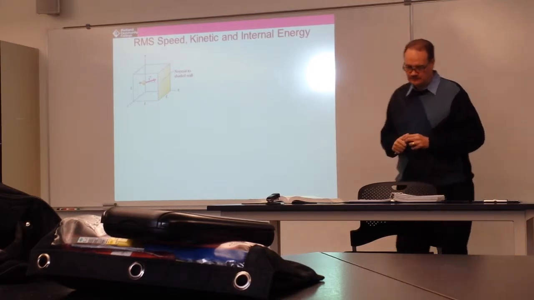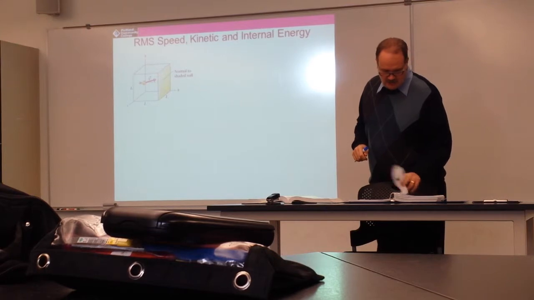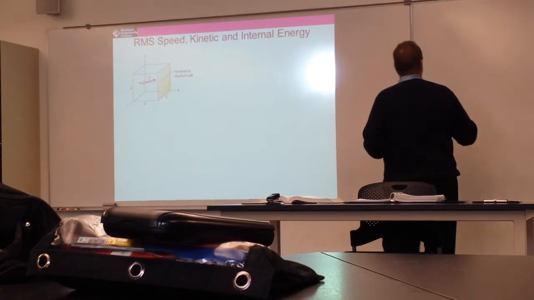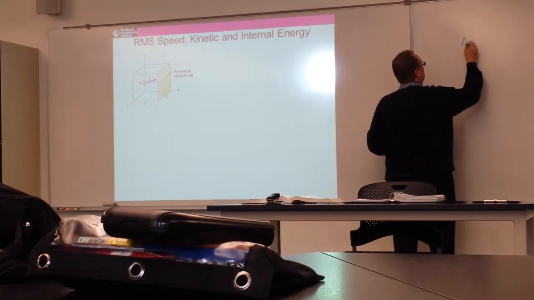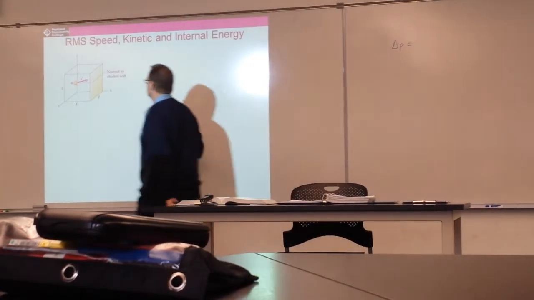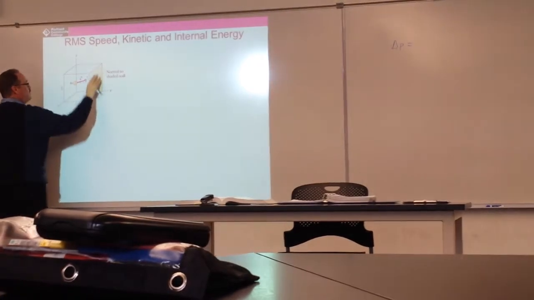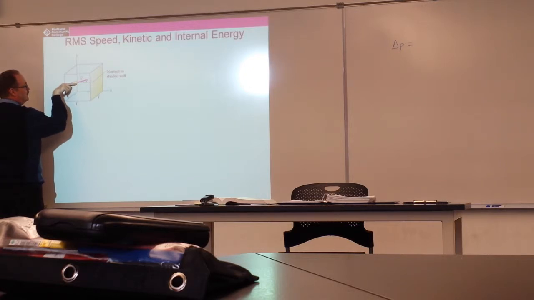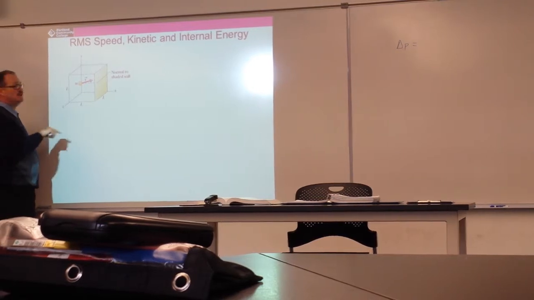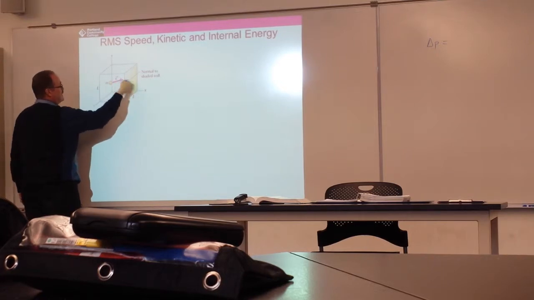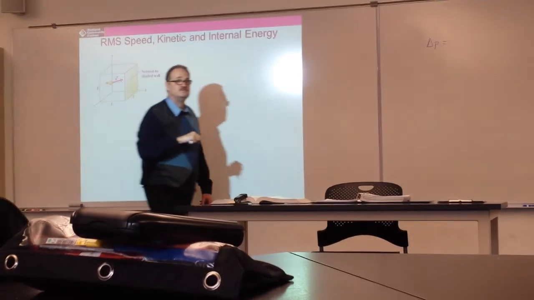So we know from the impulse-momentum theorem that there is a change in momentum of the ball. Suppose we look at just the x momentum for right now, because we're only going to look at this wall, which is vertical. The only thing that's going to change is the x component of the momentum of the ball, because it's moving in this direction, and the only thing this wall can change is the x component of the momentum.